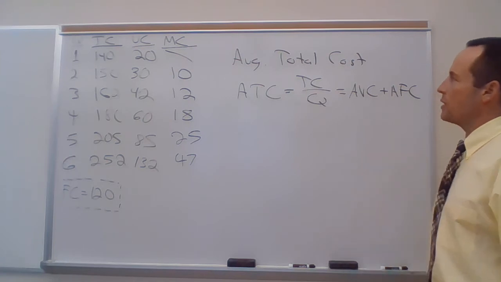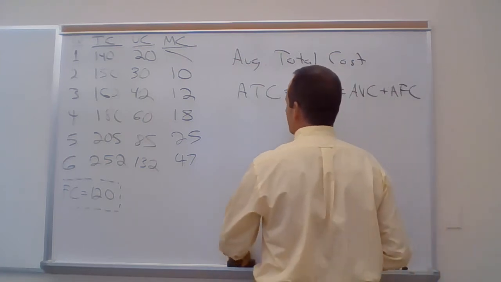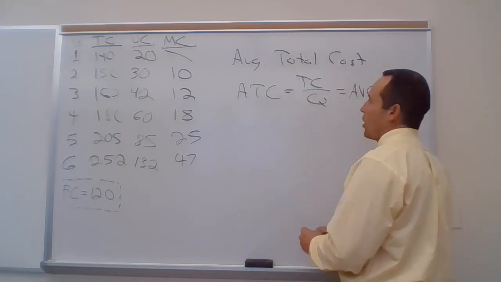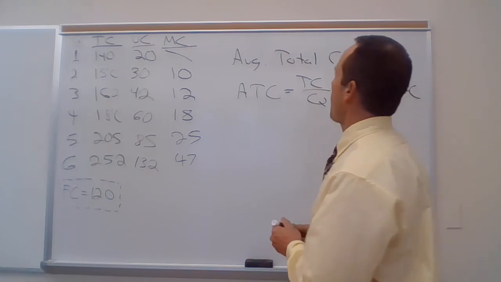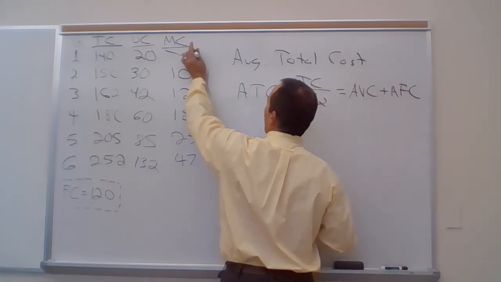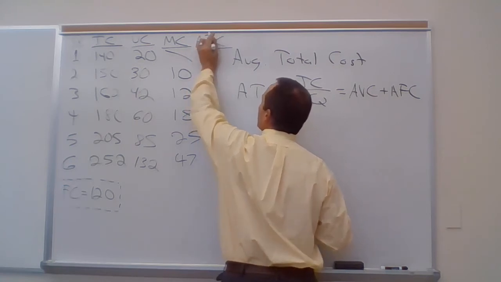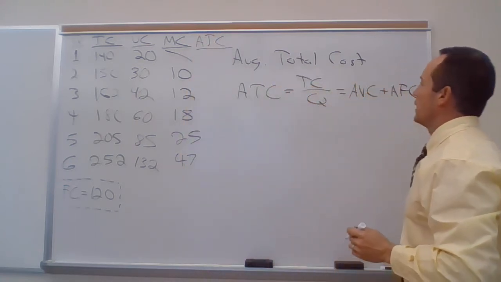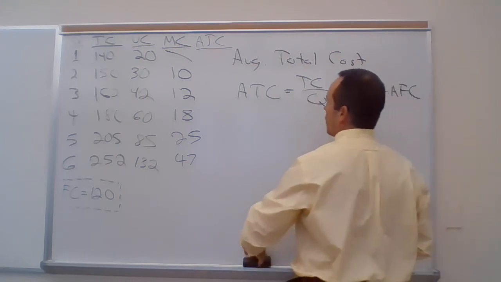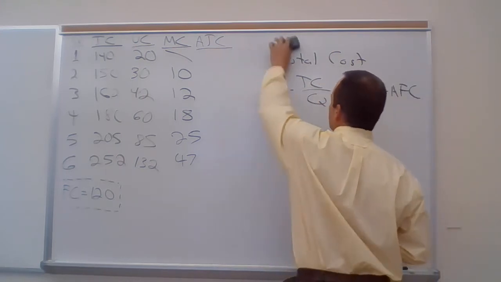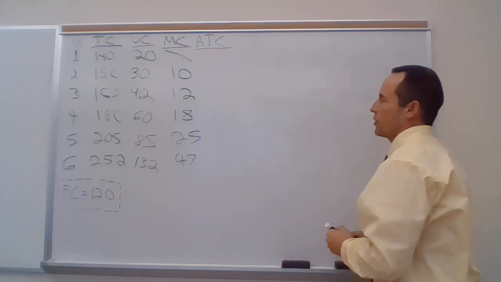What is important about average cost? Average cost enables us to compare companies of different size, because we could look at their cost per unit. So you could have a massive company versus a mom and pop operation, and cost per unit allows us to compare them directly. All right, so I'm going to begin with this method here first, TC over Q, and later on we'll confirm it the other way. So we have 140 over 1.